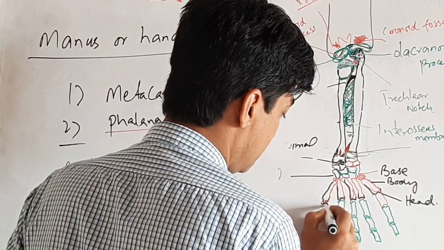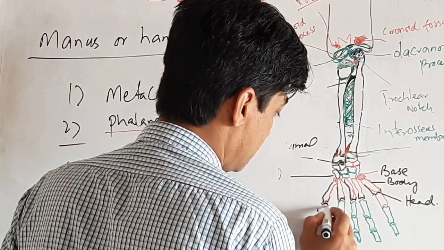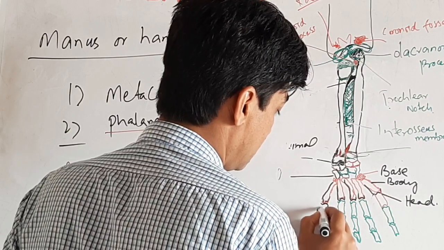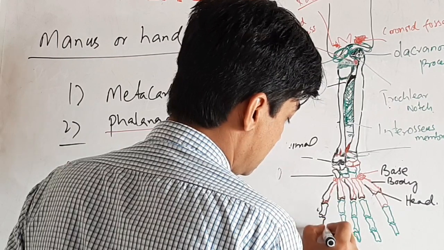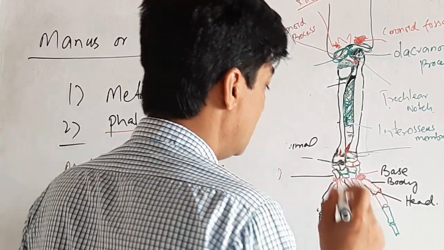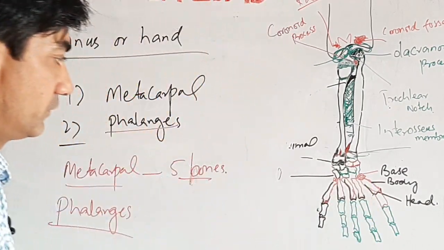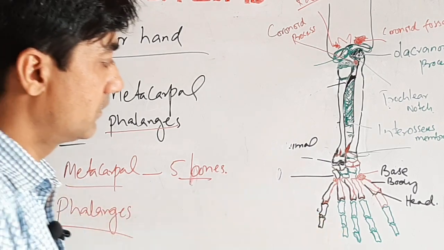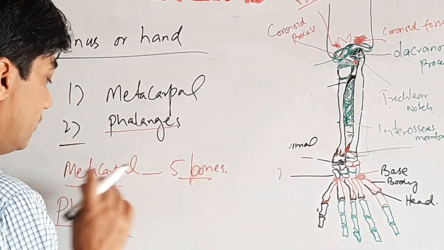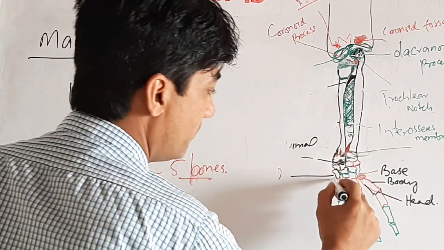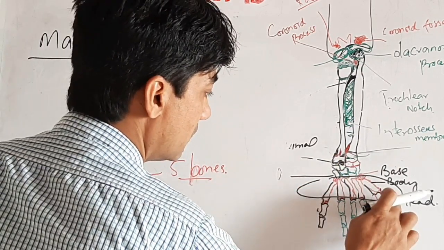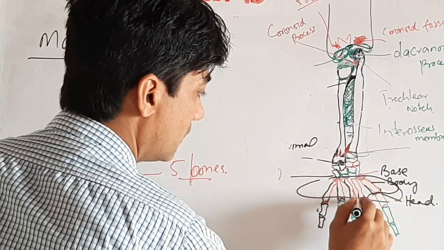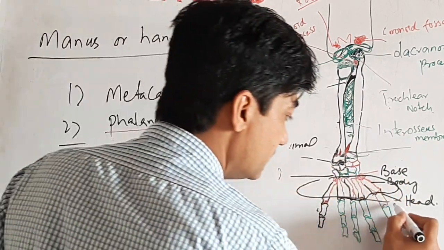Here is the thumb. There are just 2 bones, and 5 bones at the metacarpal. This is the metacarpal region, and this is the phalanges.